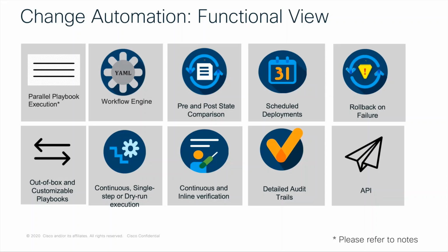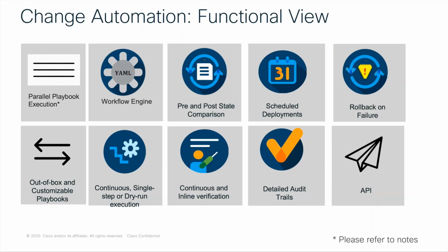We support three steps of execution policy, that is continuous, single stepping, and dry run. In case of a dry run, for example, you have customized your own playbook and you want to check if it is going to perform the steps as expected or not. In a dry run mode, everything is done except the config gets pushed onto the device.